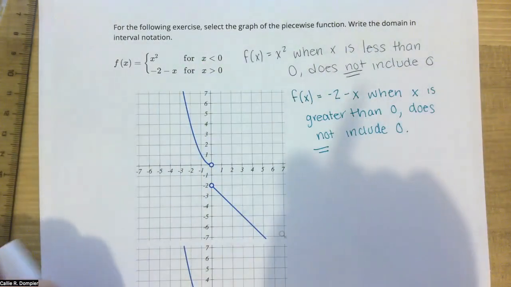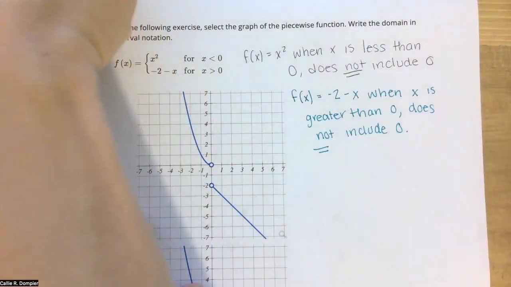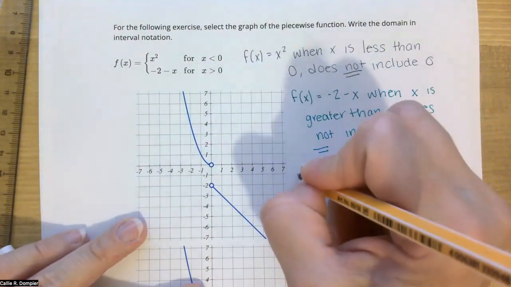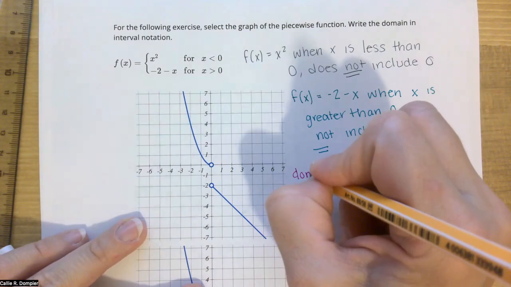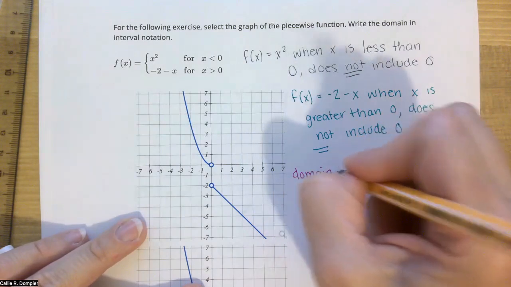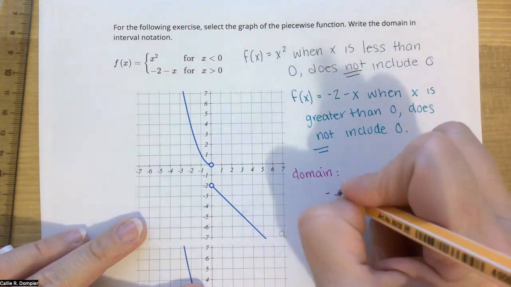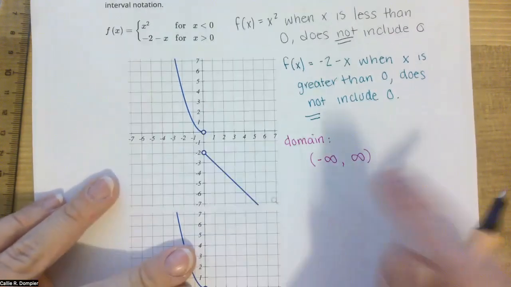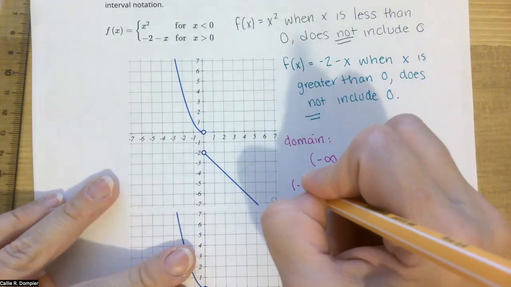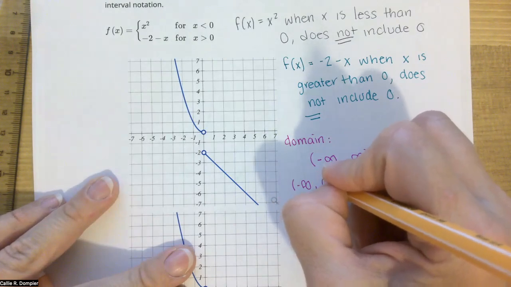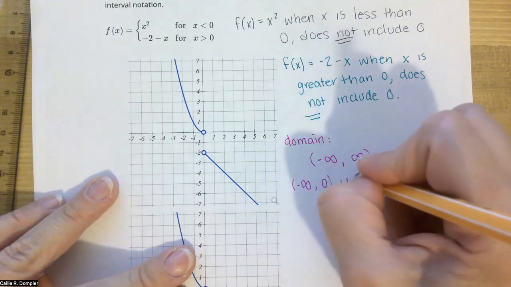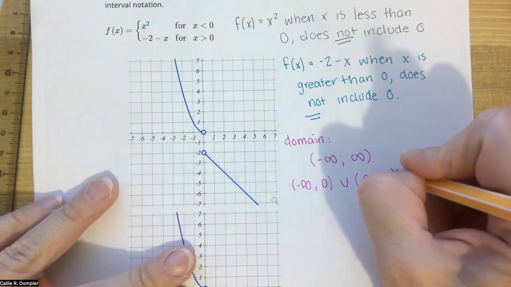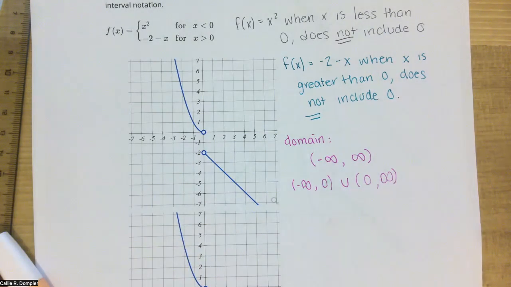Before we even pick what graph it is, I want you to see if it does not include 0 here and it does not include 0 here, your domain, instead of going from -infinity to infinity, like the other two examples, we're going to go from -infinity to 0, and then from 0 to positive infinity, because we had to leave out 0.